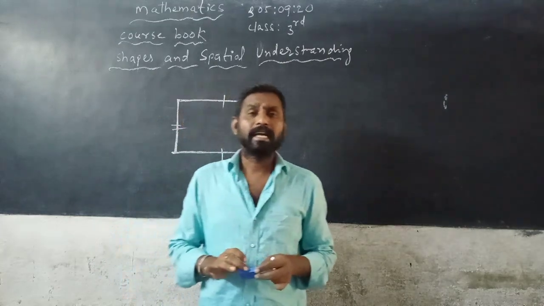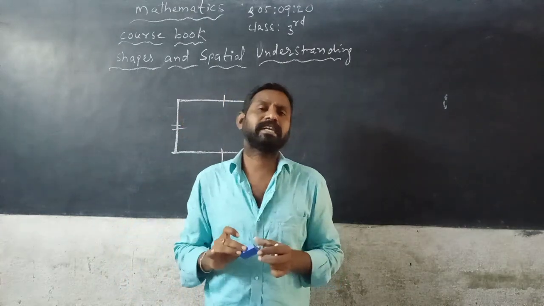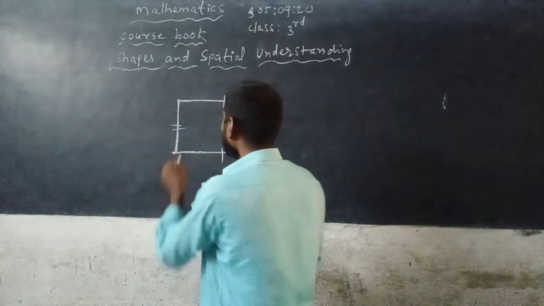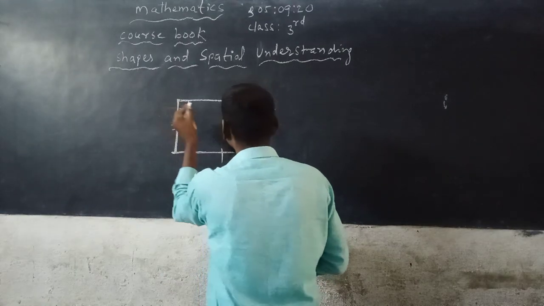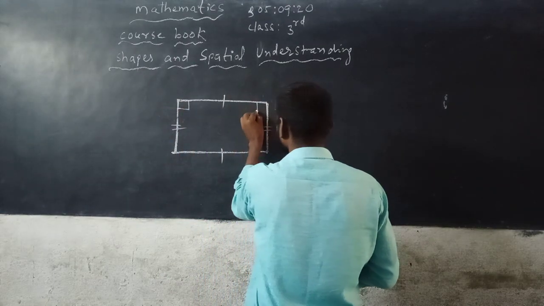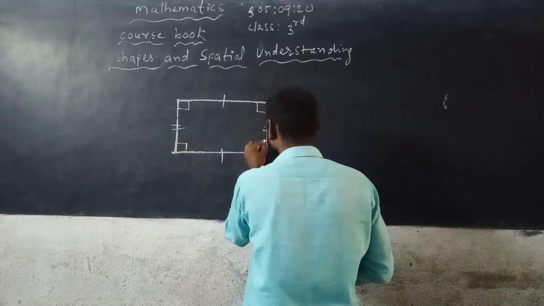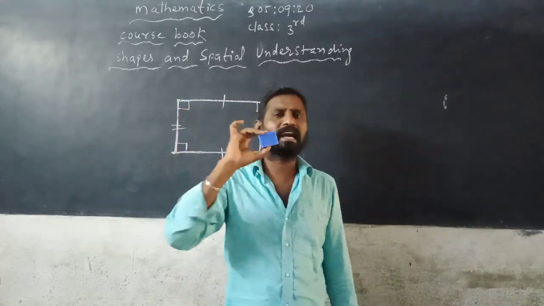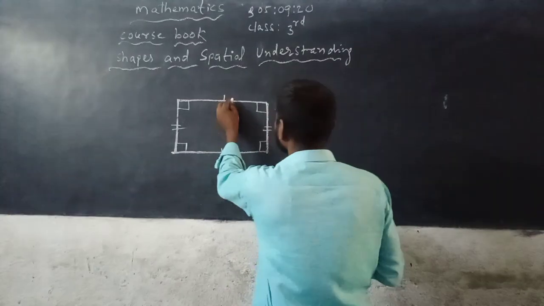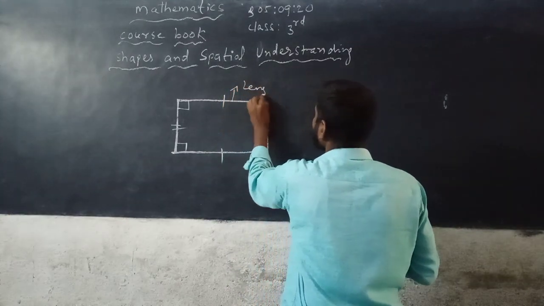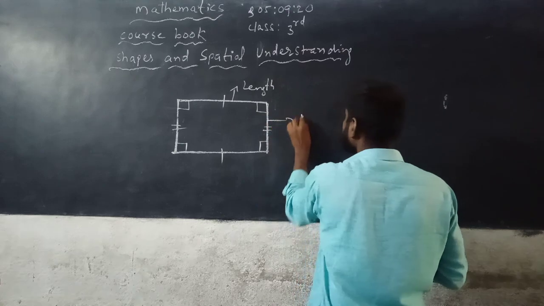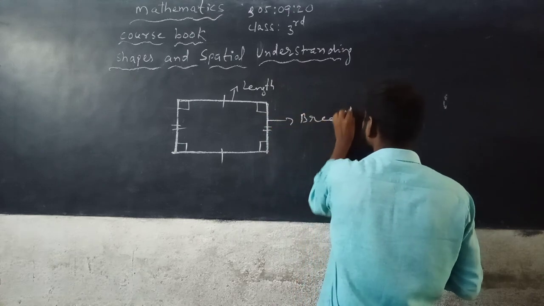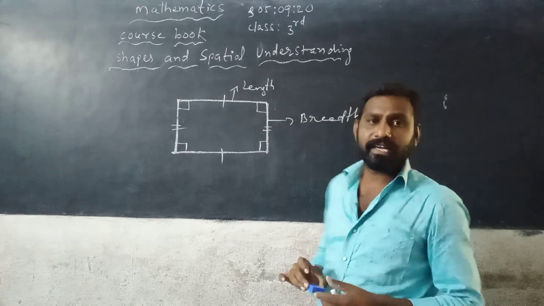So a rectangle has 4 sides and also 4 corners, meaning 4 vertices. It has a length and breadth. This is length. This is breadth. Did you understand?